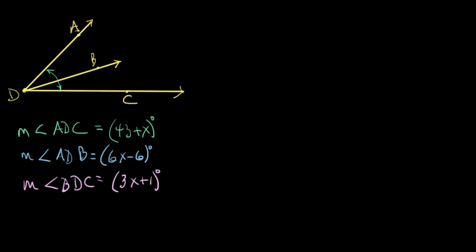Well, first of all, let me go back here and do some drawing. So this is angle ADB right in here. And that measure is right here, 6x minus 6 degrees.